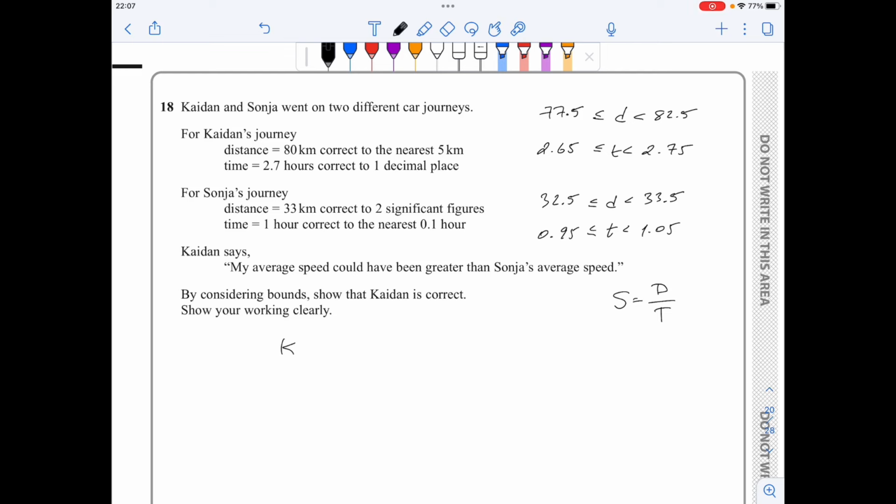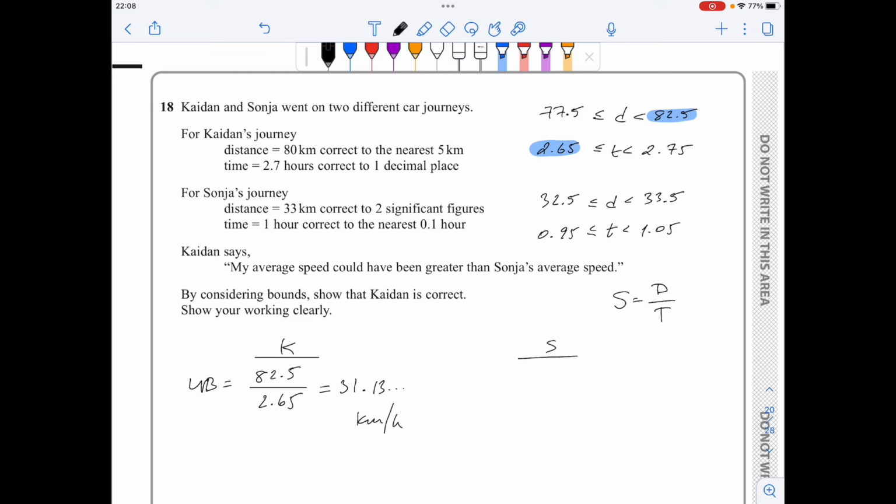So for Kaidan, upper bound equals, and then I'll need a large value for the distance over a small value for the time, which means 82.5 over 2.65 will give me a value of 31.13 and so on kilometers per hour.